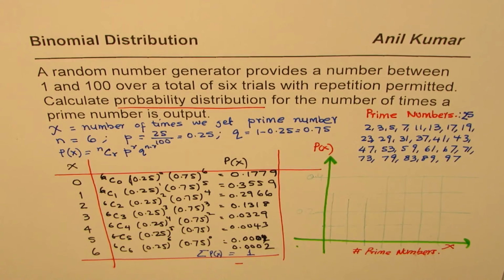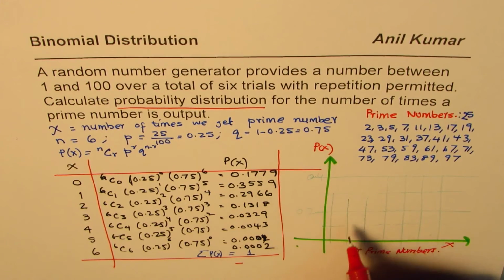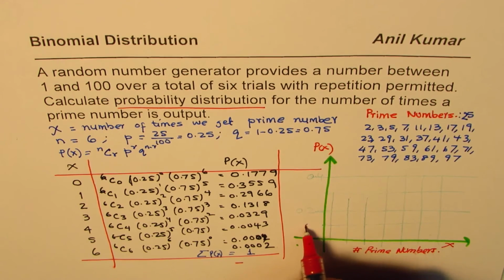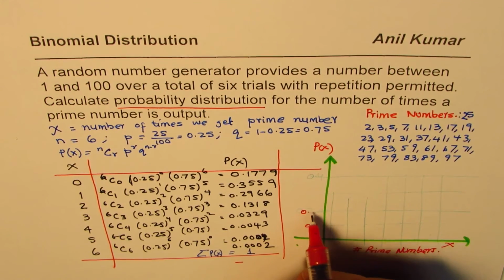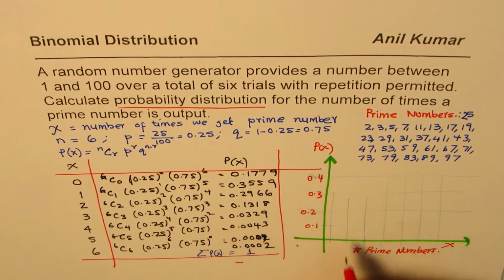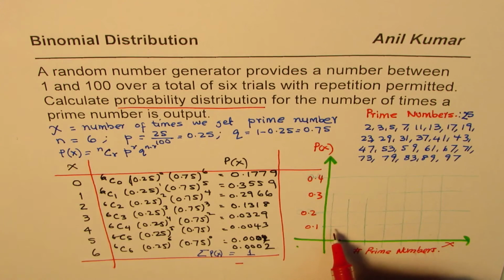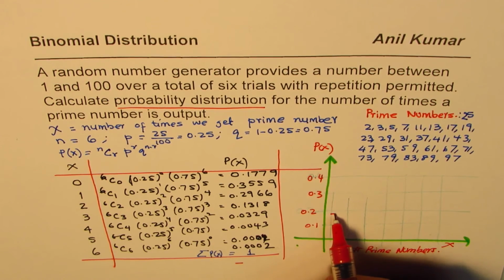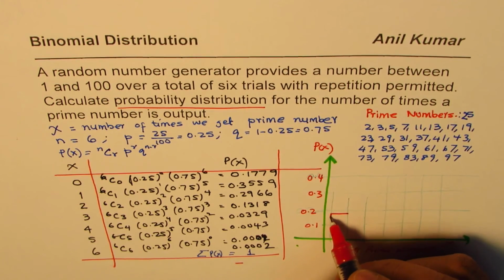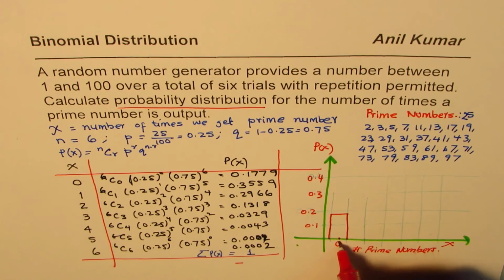At 0 we have 0.177, so it's close to this. This is the graph which we have for random variable 0.